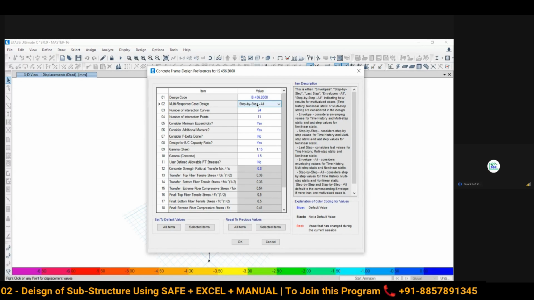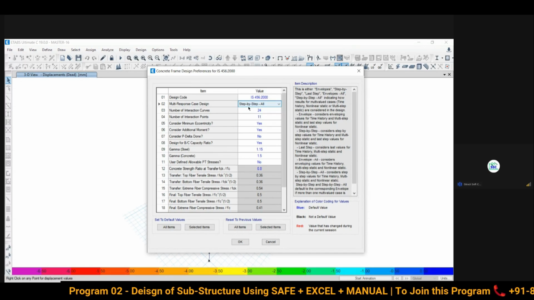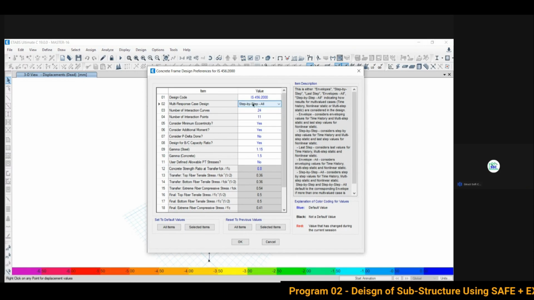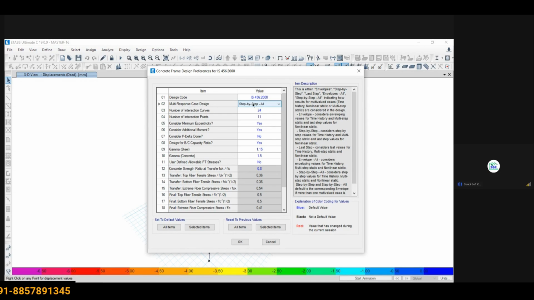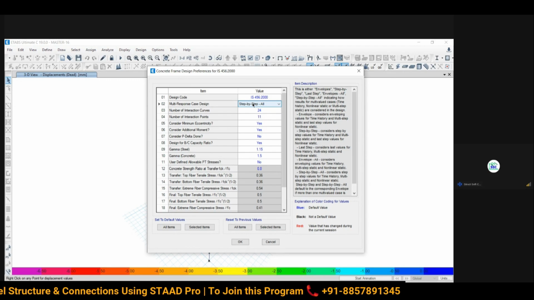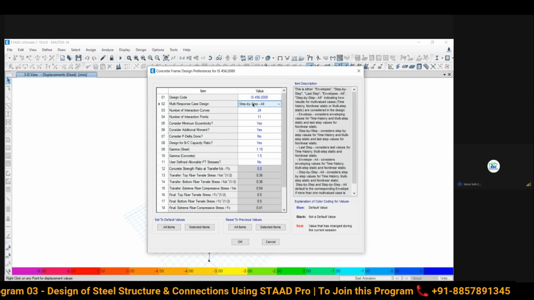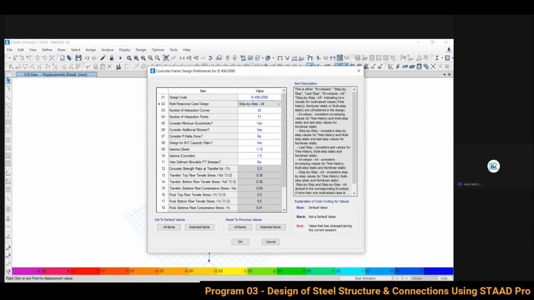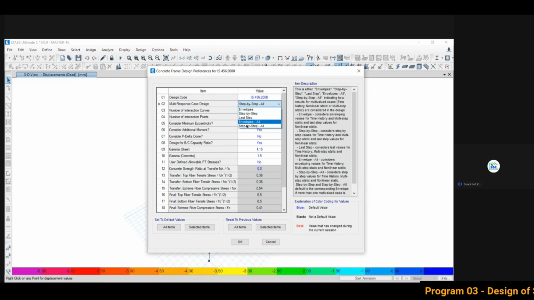It is more important to talk about this when you perform multi-response methods of analysis, or iteration-based methods of analysis. Again, try to understand: multi-step based analysis or iteration-based analysis. What are those? That is nothing but non-linear analysis or time history analysis. You can read the definition of all the different methods here.